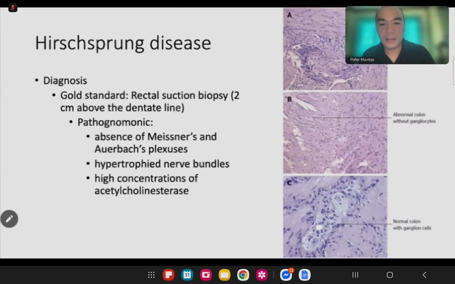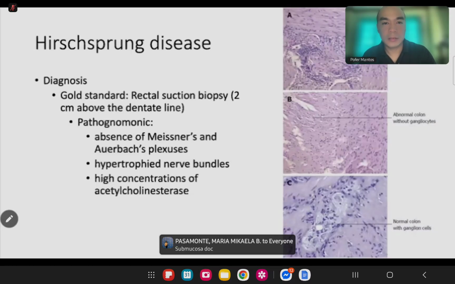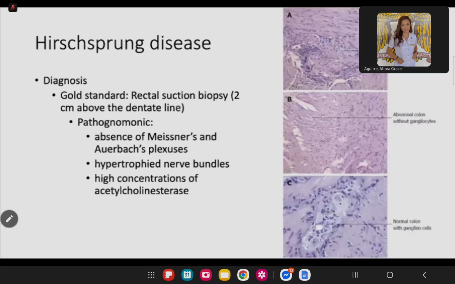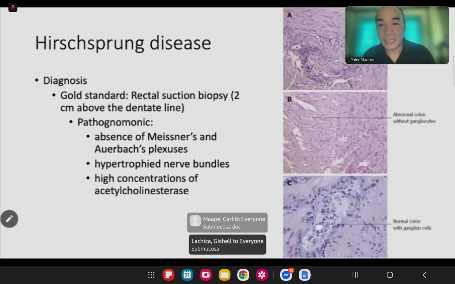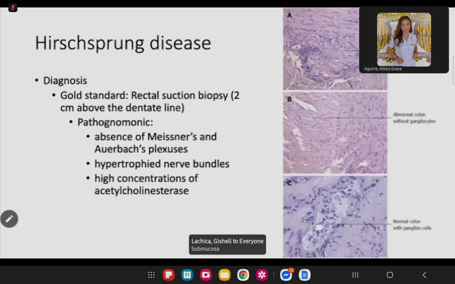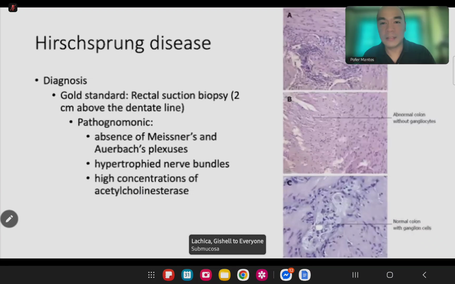Akire Alora. Ay, wait lang, yung nag-chat. Ito, sorry. Karoon ako kabasa. The dermis of the mucosa. Okay, yeah, that's correct. Sorry naman day message group chat eh.